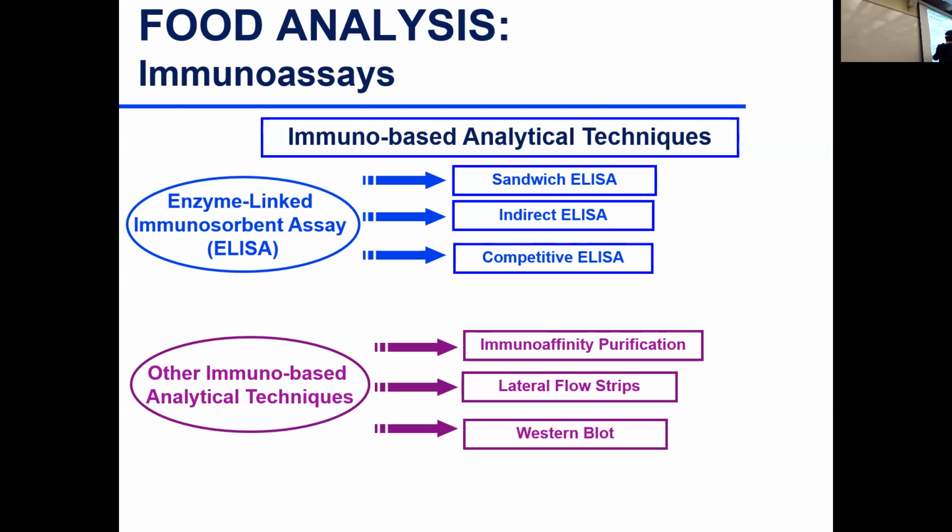And then other immunobased analytical assays: purification using affinity chromatography, lateral flow strips that you can use to detect GMOs in the field. If you don't have laboratories, it's a good qualitative method. Or Western blot, which is also a good qualitative method, but it's a much more involved assay compared to a lateral flow strip.